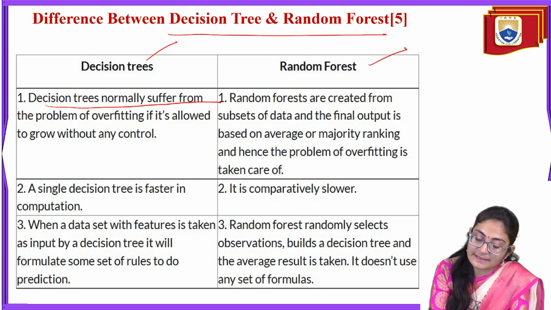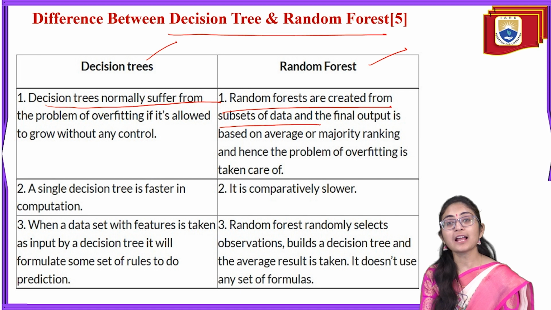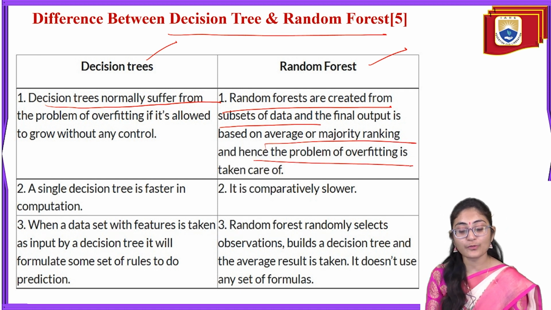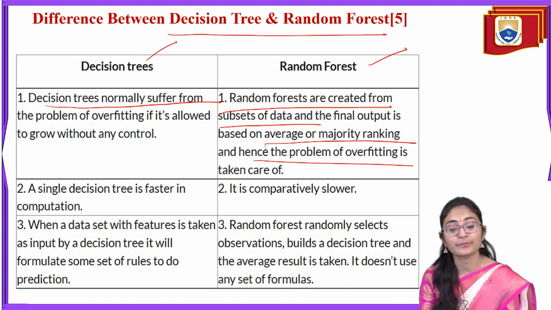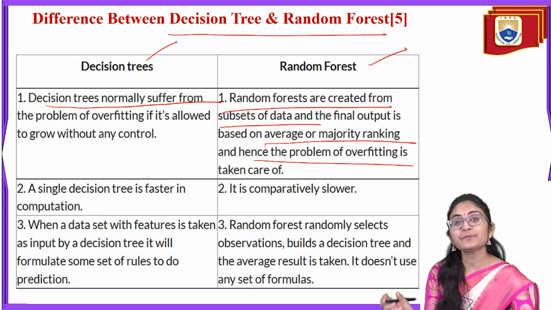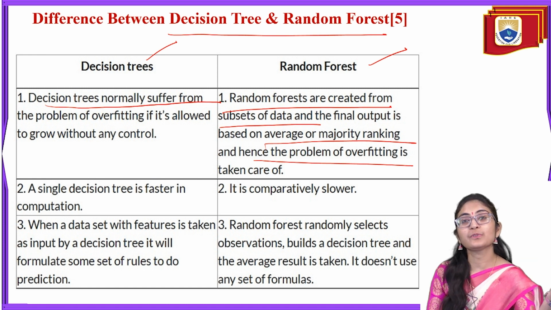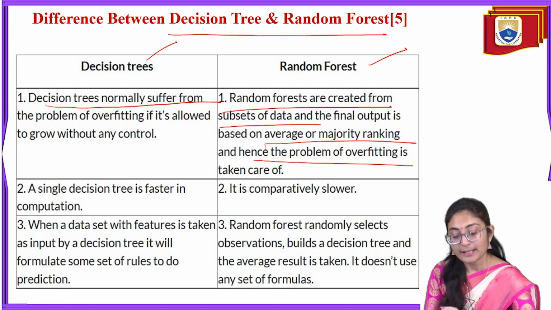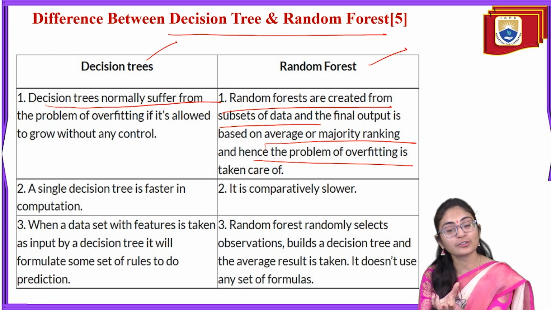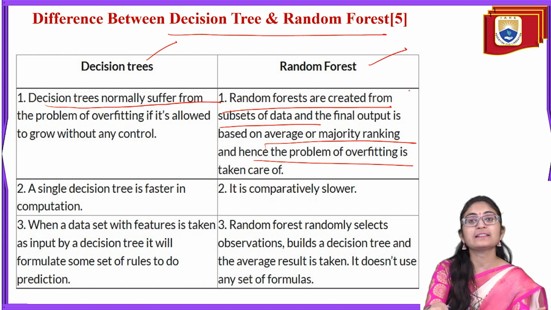Random forests are created from subsets of data, and the final output is based on the average or majority ranking, and hence the problem of overfitting is taken care of. That means in random forests overfitting is largely avoided, because we are taking the decision on the basis of the majority vote. That's why the overfitting problem will not occur in the random forest.